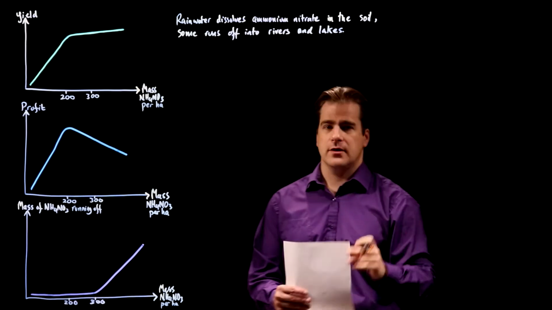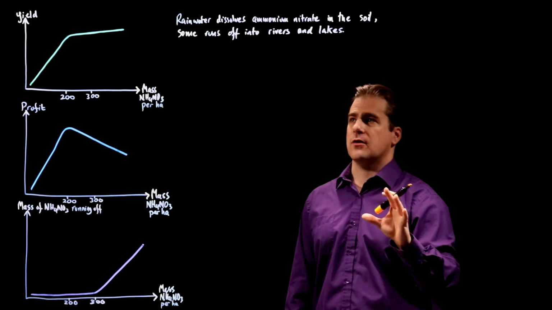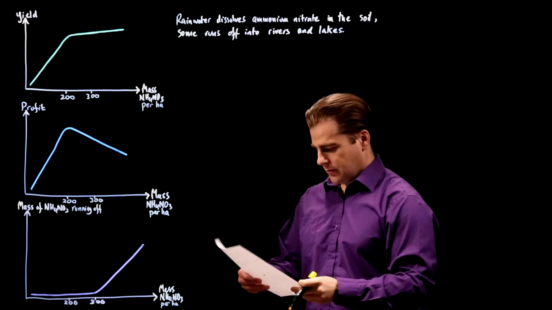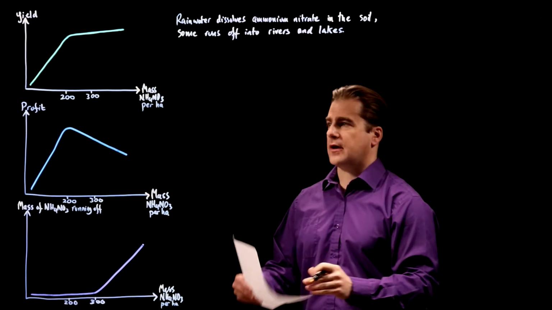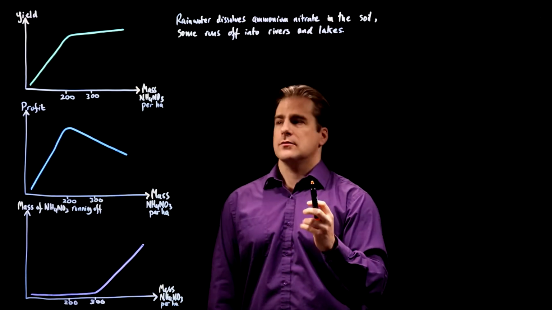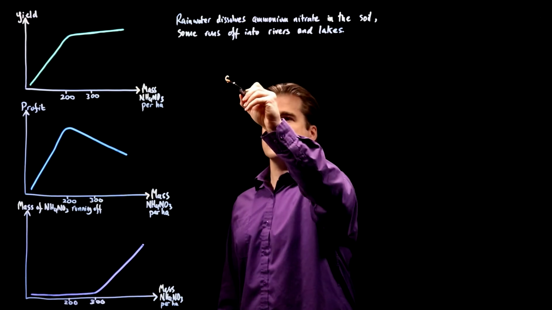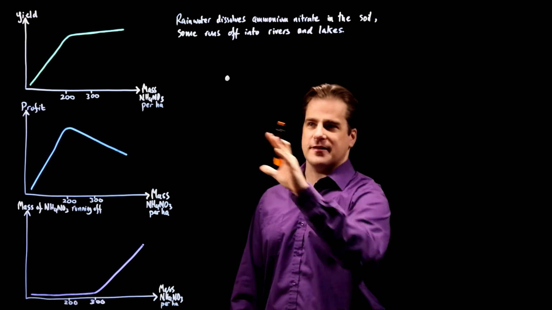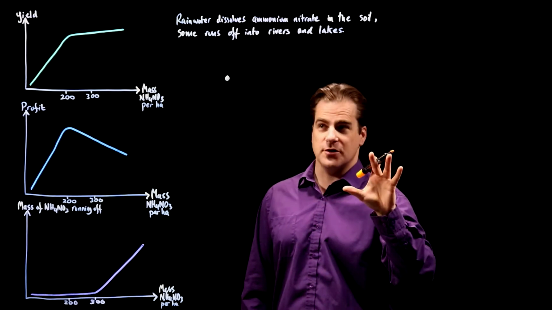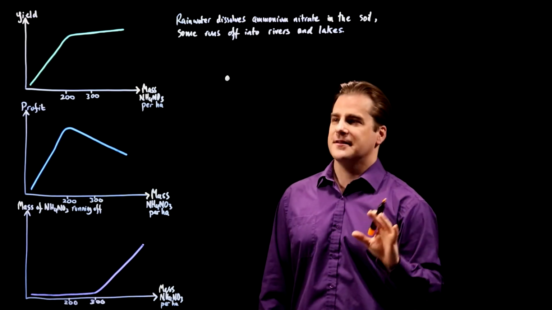Okay, so let's write down our knowledge. What do we already know? Why do farmers use fertiliser like ammonium nitrate? So just write down, okay, I'm going to write it as a bullet point, but you have to write it as a nice sentence in the exam.